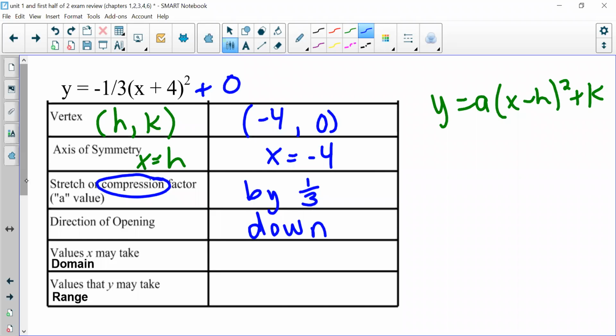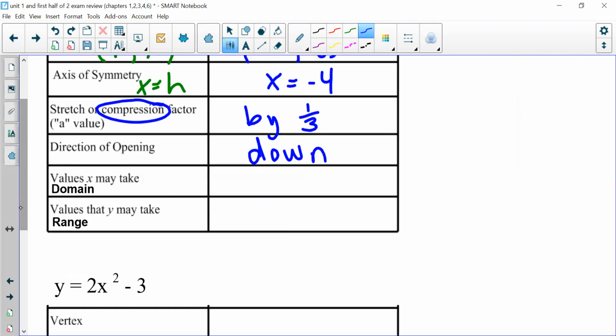And then domain and range. Kira, do you remember what we wrote for domain? I know you use like the alligator crocodile thing. Yeah. Anyone, can you help Kira? What do we write for domain? Domain never changes. Is it X or Y?